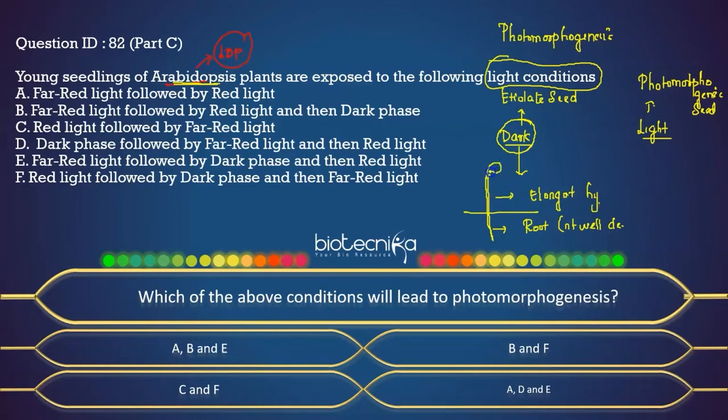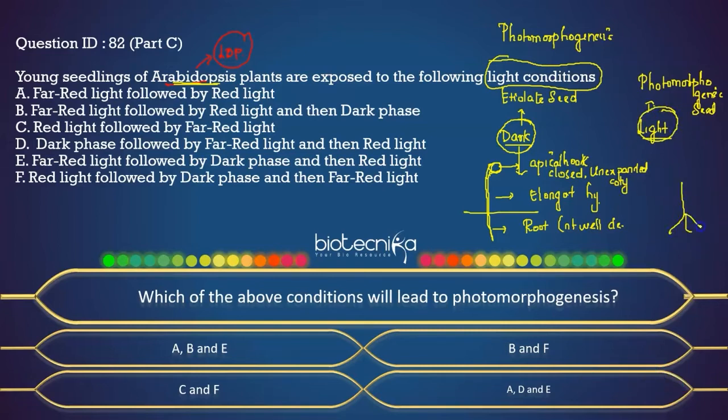They have this apical hook, and it is closed. The cotyledons are not expanded. But if light is present, everything will be just opposite.